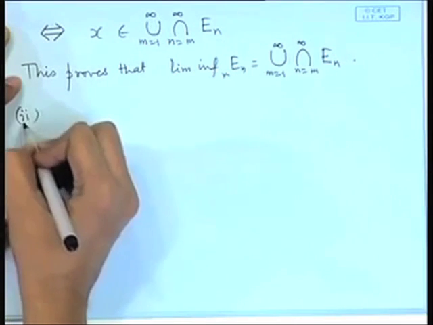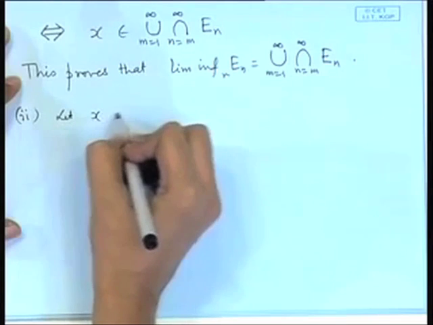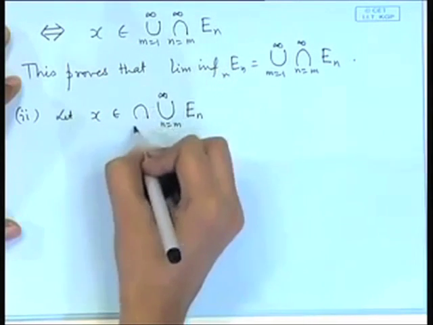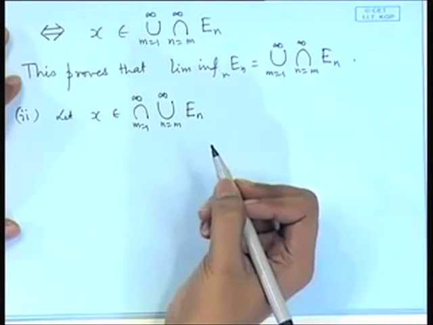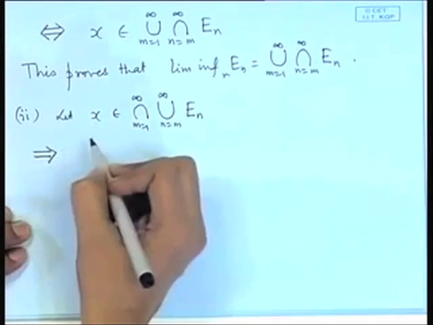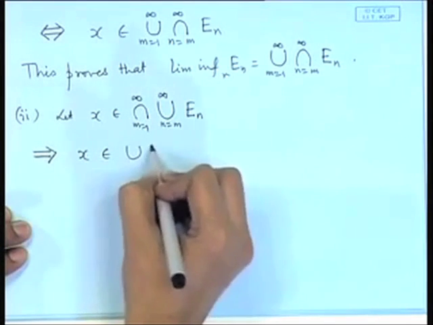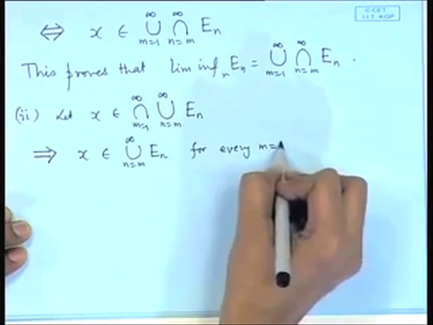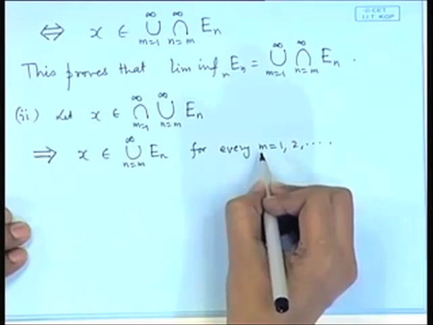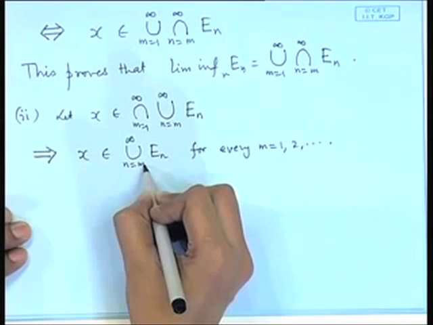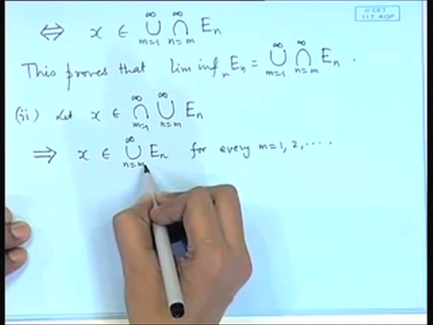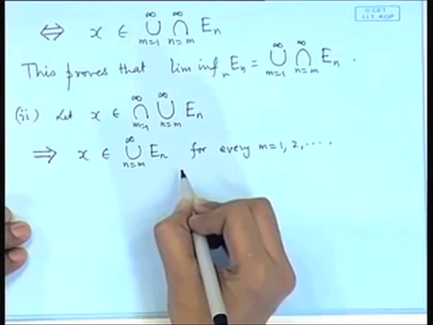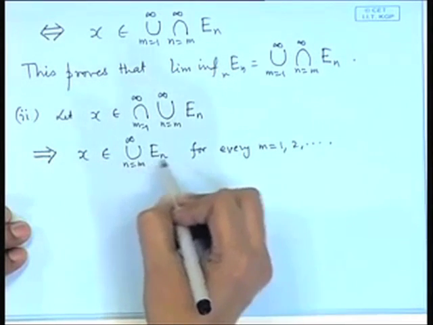If we apply the same argument for the limit superior, then we get that if x belongs to intersection union En, n is equal to m to infinity, m is equal to 1 to infinity, so I am taking the right hand side first, now this implies that x belongs to union En, n is equal to m to infinity for every m equal to 1, 2, etc. Now if we say that x belongs to the union starting from every m, howsoever large m may be, this definitely implies that x belongs to En for infinitely many values of n, because if it was belonging for finitely many values only, then after a certain stage x will not belong to the union of En's.